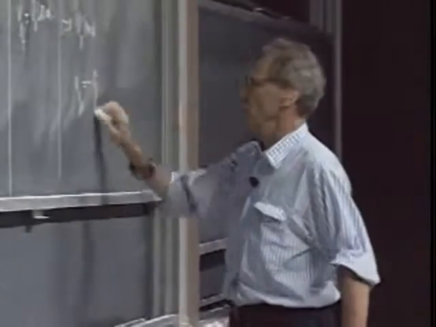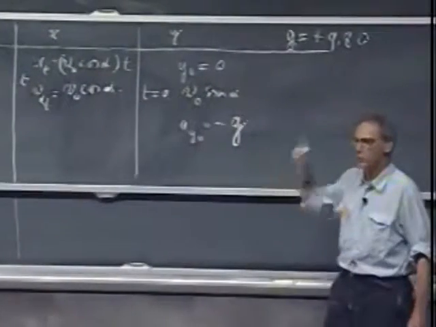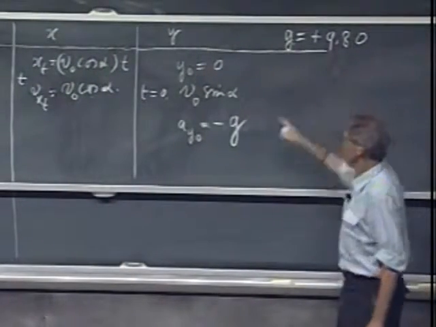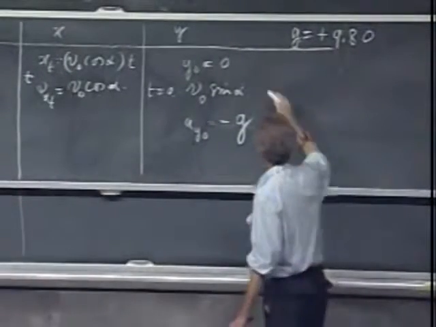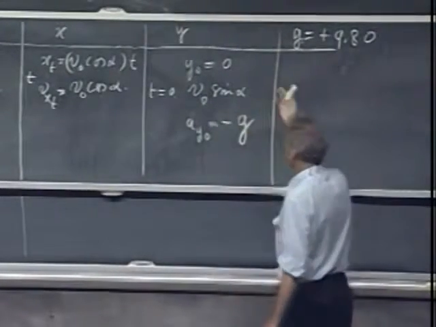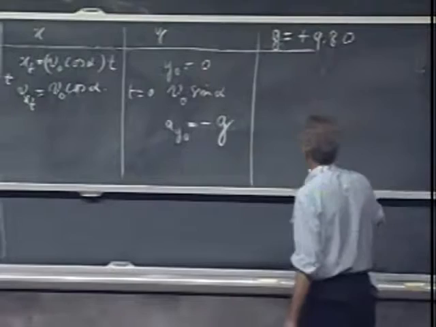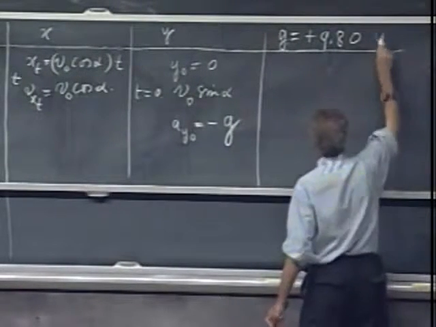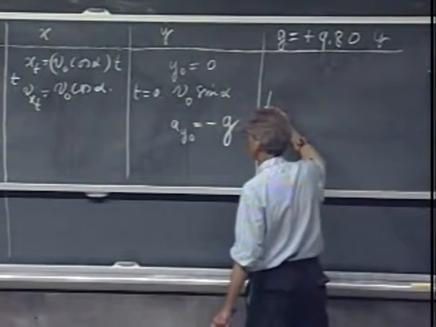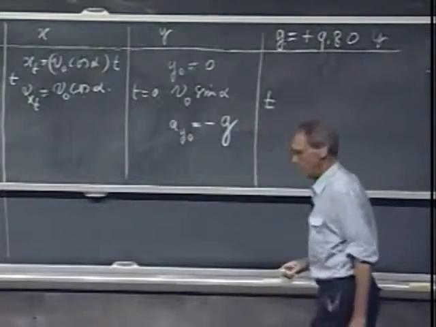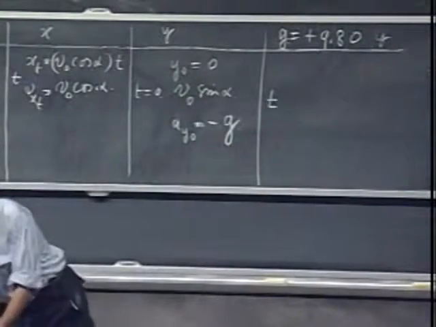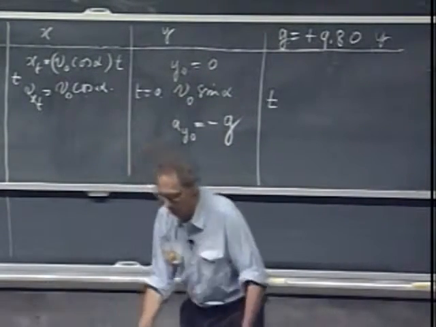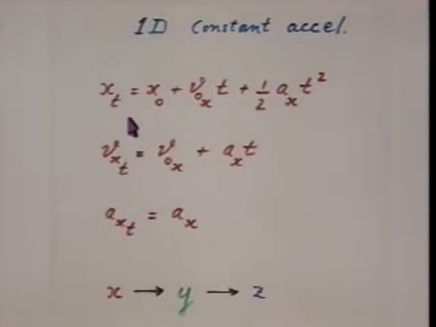Minus 9.8, which I will also say always call minus g, because my g is always positive. So it is minus g. So that tells the story at t equals 0 in the y direction. And now we have to complete it at time t equals t. At time t equals t, we have the first line there. y0 is 0, so we have y as a function of time.